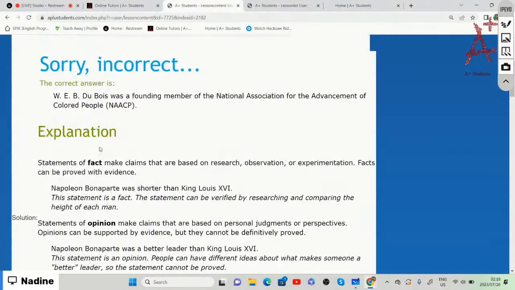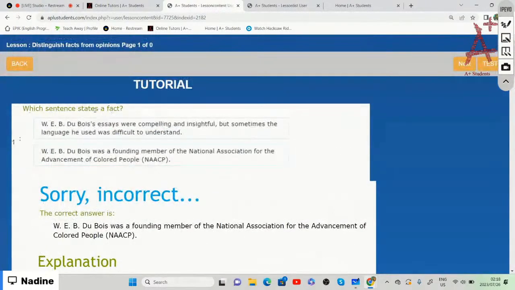All right. We need to look at these two statements. Which sentence states a fact? So we are going to look at these two sentences and then we are going to state which one states facts. W.E.B. Du Bois's essays were compelling and insightful, but sometimes the language he used was difficult to understand.